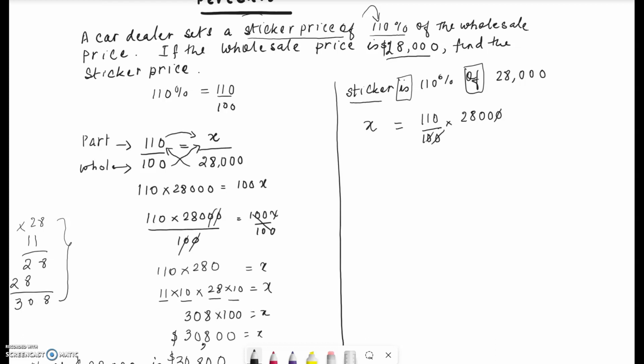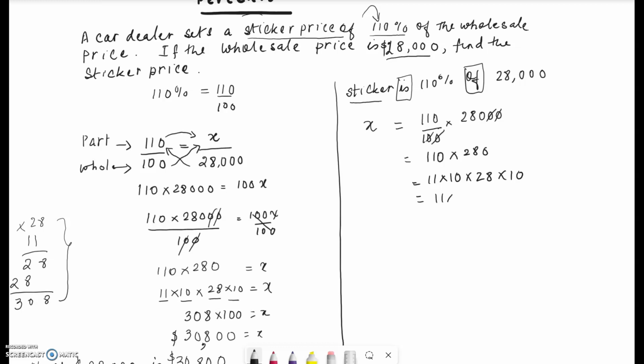We cross off the zeros and we now multiply 110 times 280, and we do it exactly the same way as we did before. It's easier if you separate the tens.